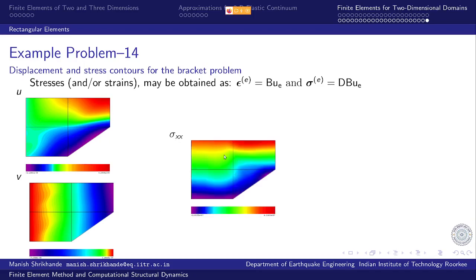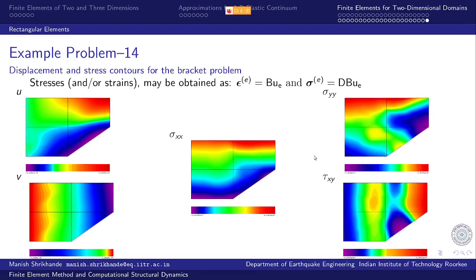And this is sigma xx. As you can see, it is almost parallel, as you would expect from the Euler-Bernoulli beam hypothesis. Sigma xx, and then there are sigma yy and tau xy, constant shears that you can see here.